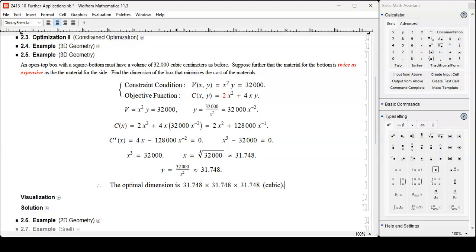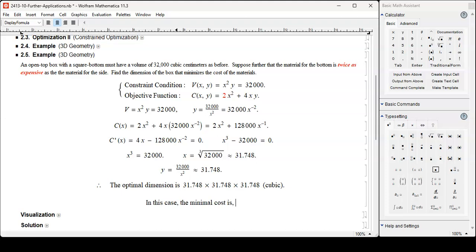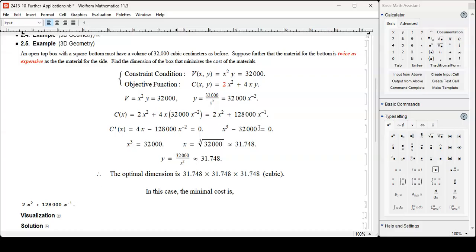And in this case, the minimal cost, I have to plug that into this cost function. Yeah, that's the function value.